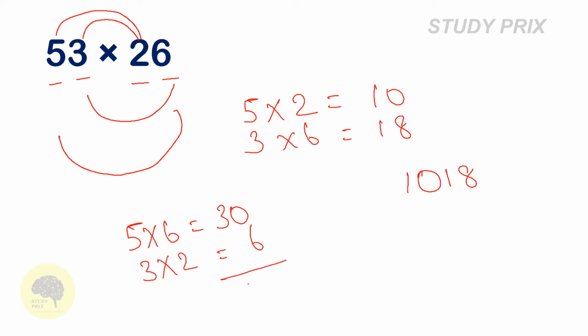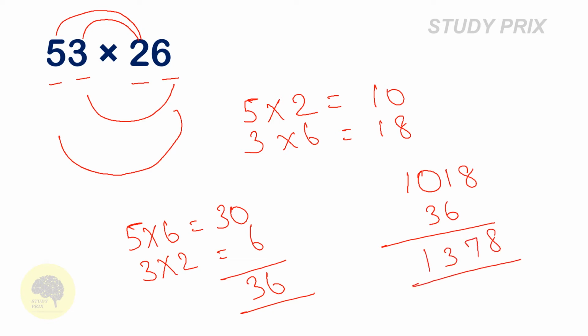We have to sum it, which gives 36, and we have to write the 36 in tens place and hundreds place. 36, and the sum gives 1378, which is the multiplication of 53 and 26.